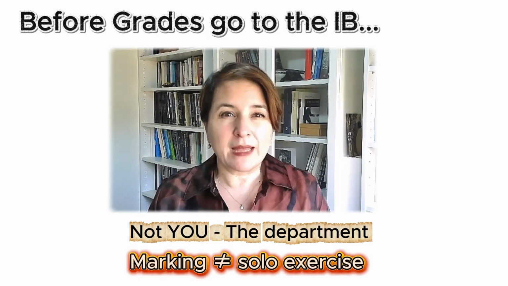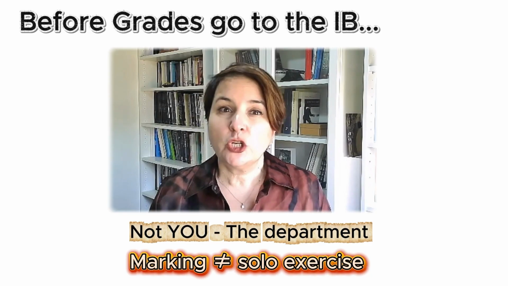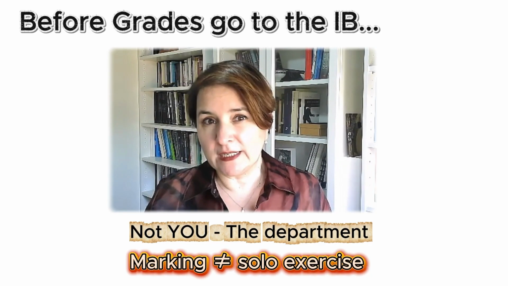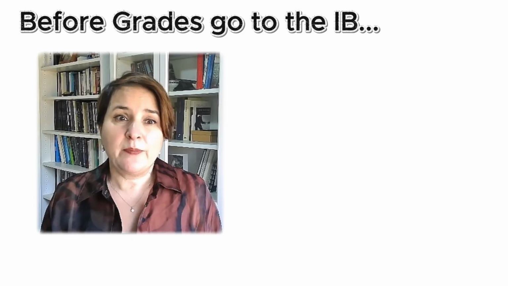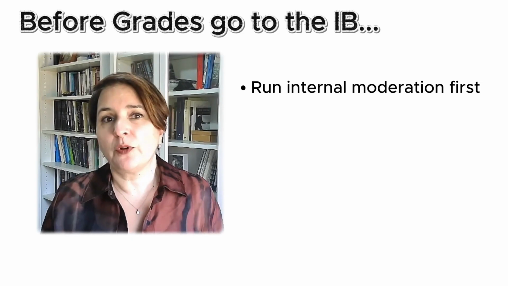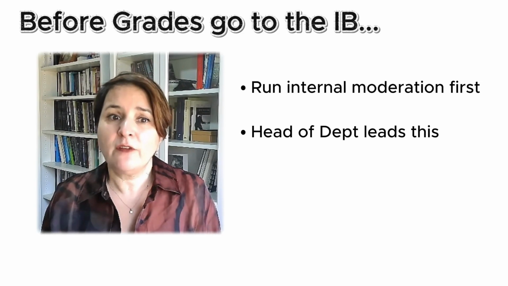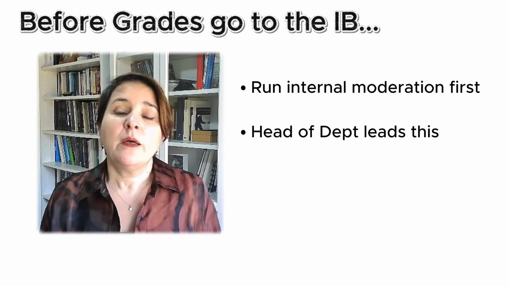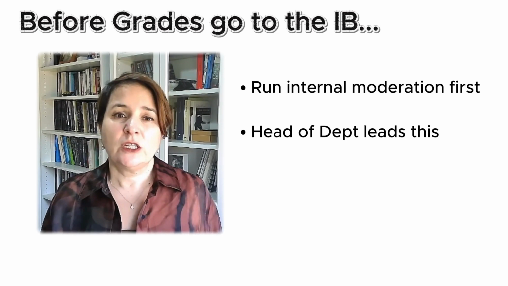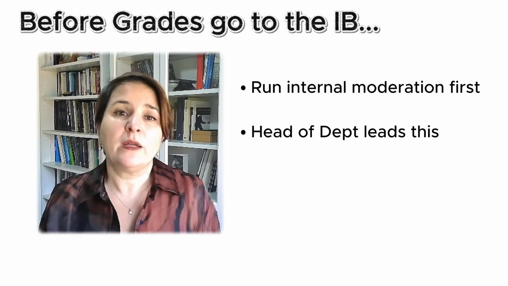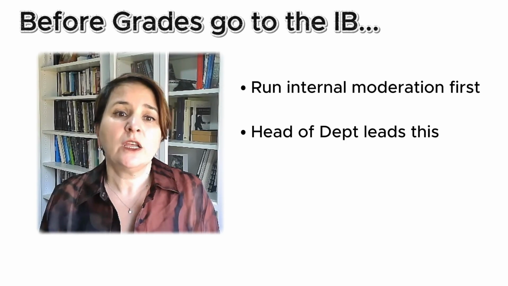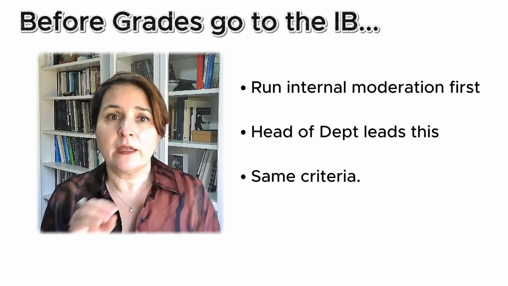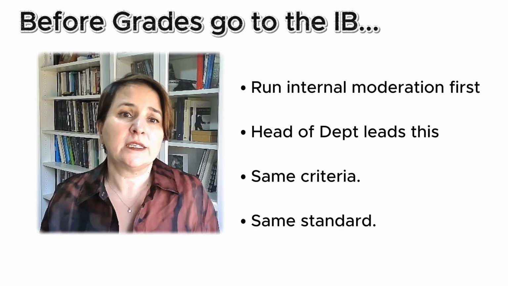And that distinction matters because marking should never be a solo exercise. Before grades go to the IB, there should really be internal moderation processes in place. The head of department should be running a moderation exercise just to ensure that everyone has marked and graded their papers, their exams, using the criteria and the understanding of that criteria in the same way.